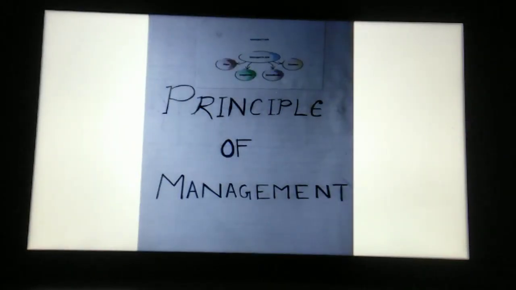After that you will be writing, or you can draw in this way, the principles of management. Here you can add many more pictures. After that you will write what this principle of management says to you. You can mention about this.